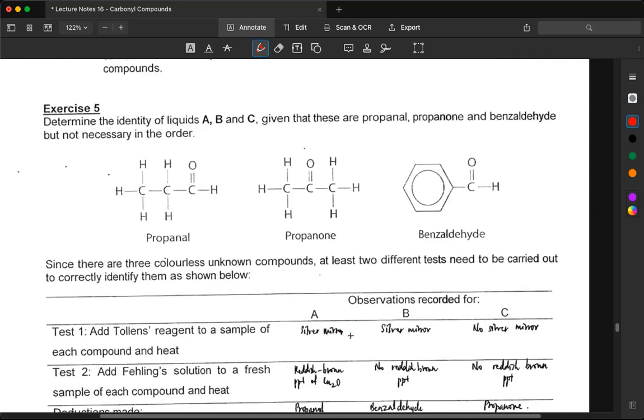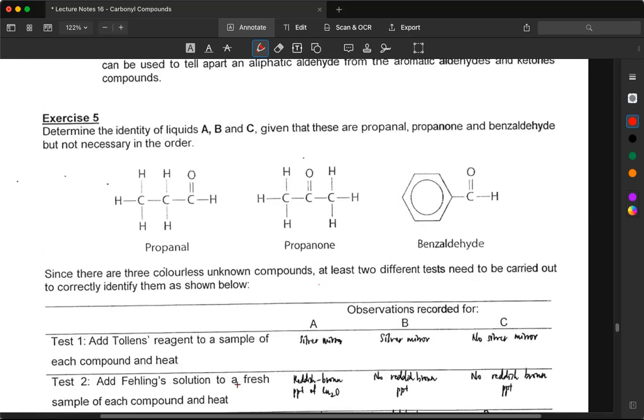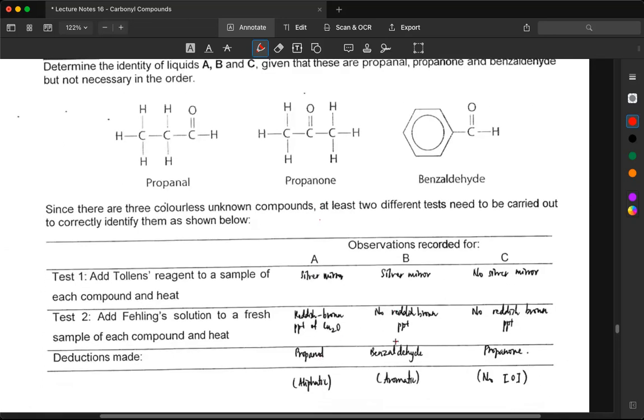So this is silver mirror, no silver mirror. I must show you the result. Tollens and Fehling's: silver mirror, no silver mirror; Fehling's solution, reddish brown, no reddish brown, no reddish brown. So A component is the propanol. Then B is benzaldehyde. And C is the propanone.